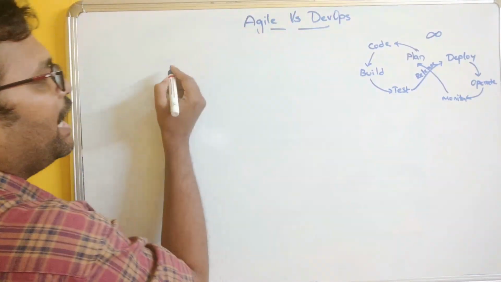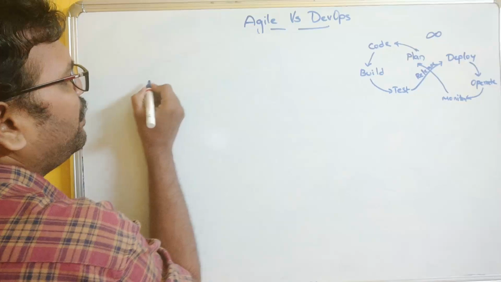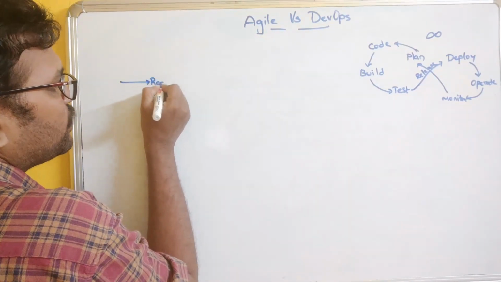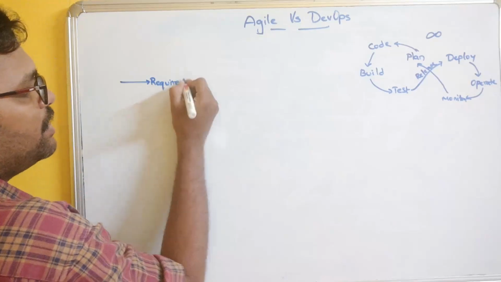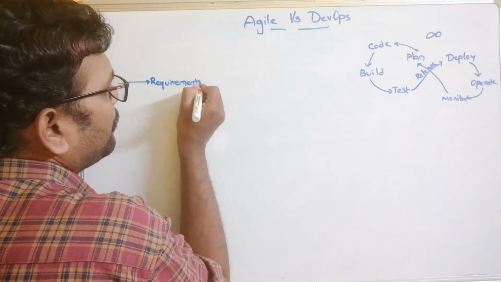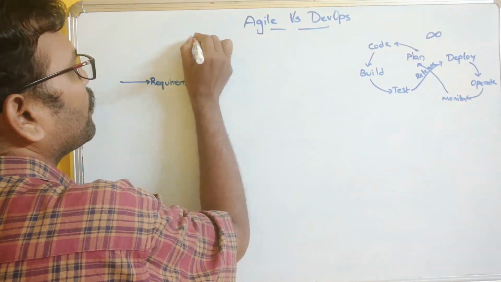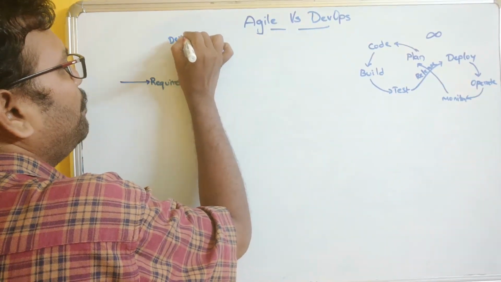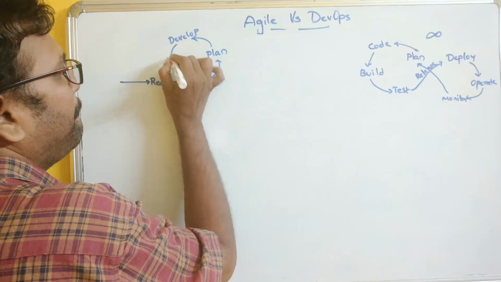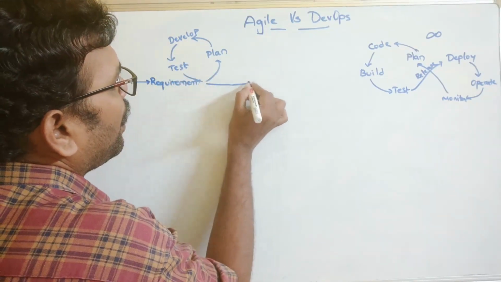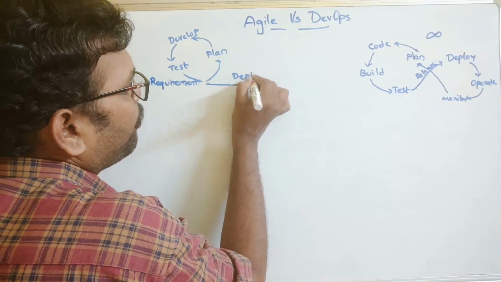And coming to Agile, the same thing happens here. The requirements are the first step. After taking the requirements: plan, develop, test, and deploy.